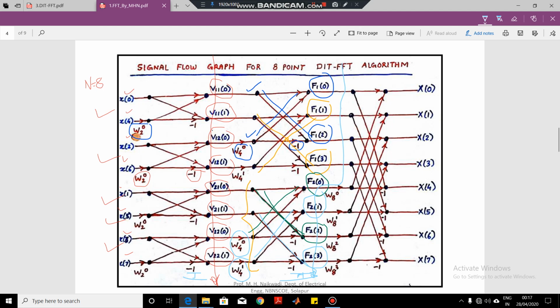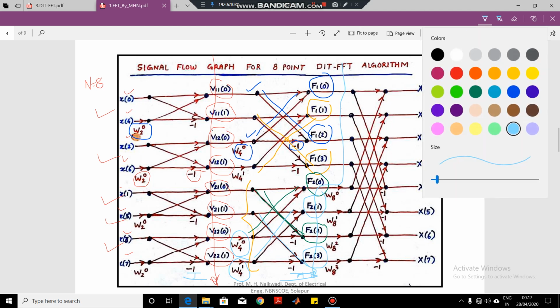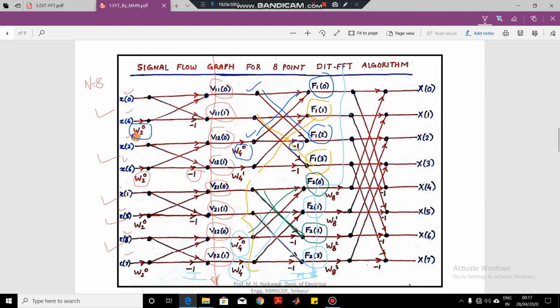Now we are combining all the 8 points using the 4-point outputs. So how are we combining here? First is this butterfly and this butterfly. We are getting the first output here and our second output here.